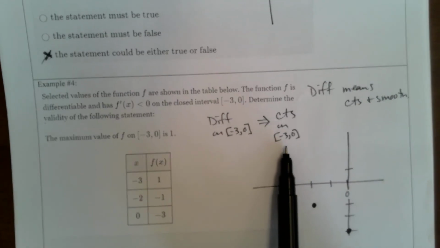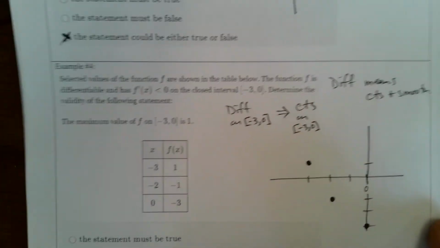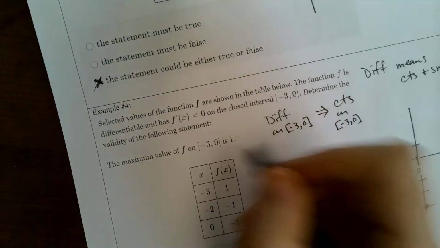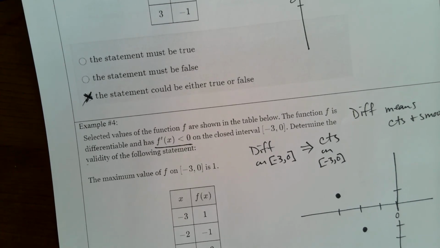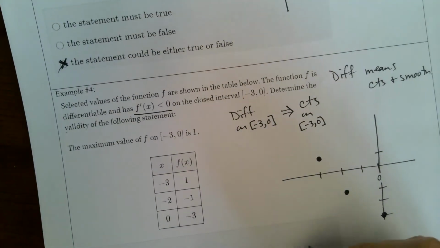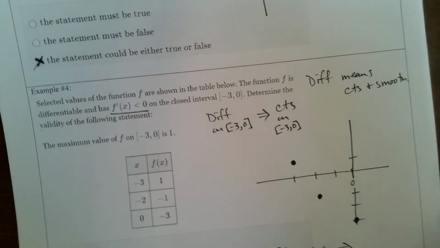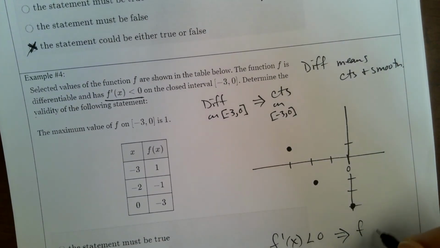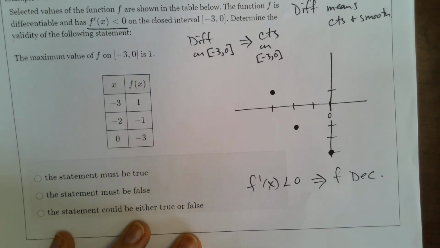So right away, since the function is continuous, we know that it has an absolute max. Now, what are they telling us here? If f prime of x is less than 0, guys, f prime of x less than 0, what does that mean about f? It means f is decreasing.